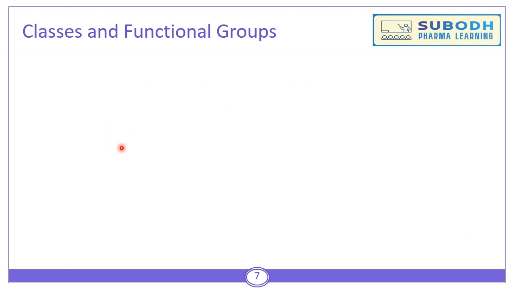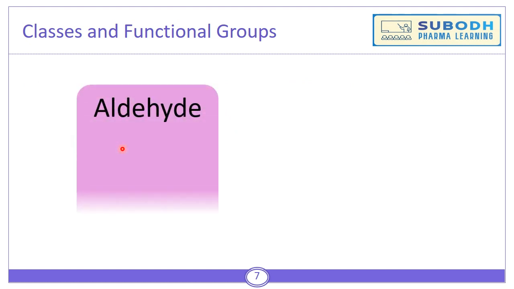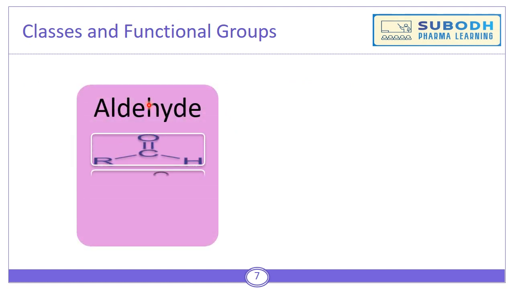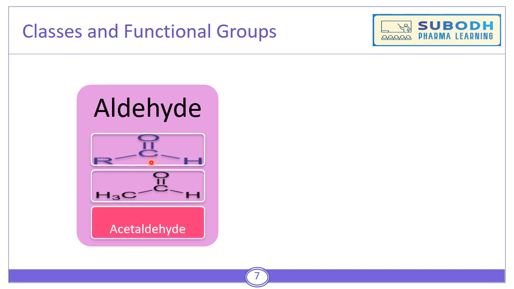The aldehydes have the structural formula RCHO, and the example is acetaldehyde. See, in the formula of aldehyde, the carbon is attached to a hydrocarbon portion on one end, and the remaining bonds are attached to a hydrogen and oxygen.